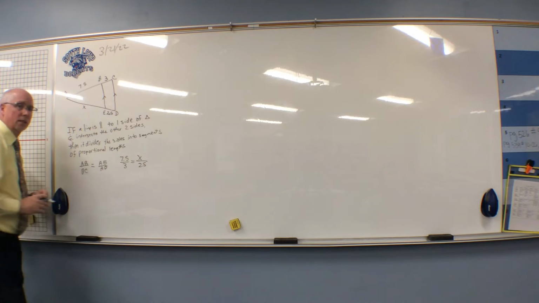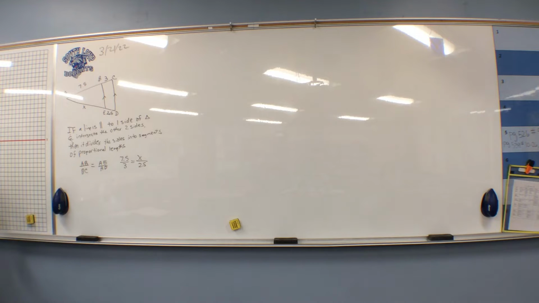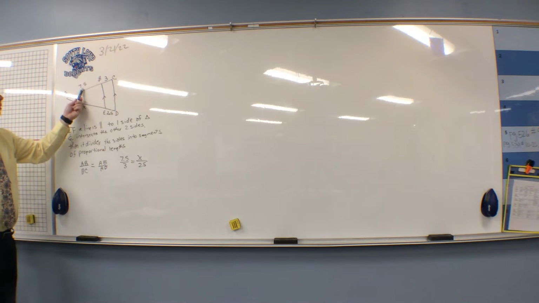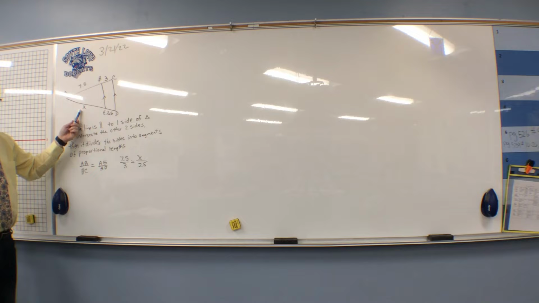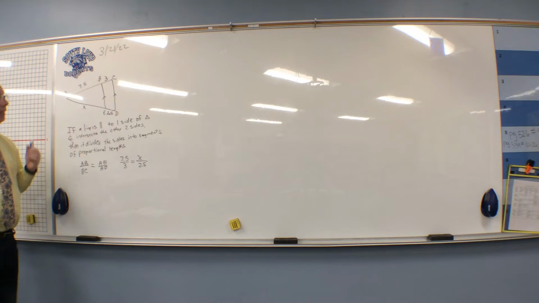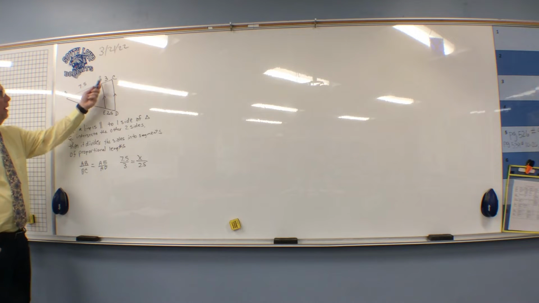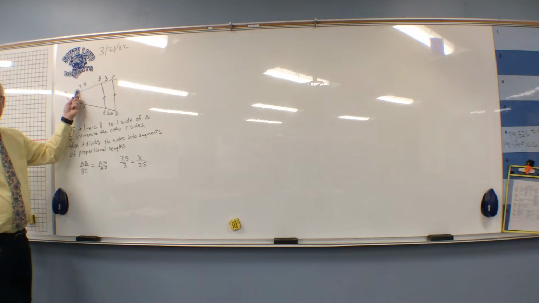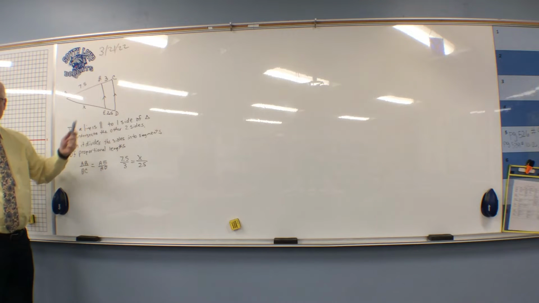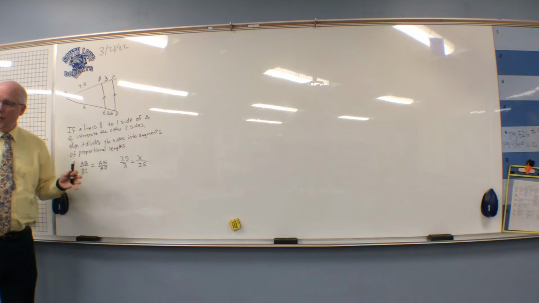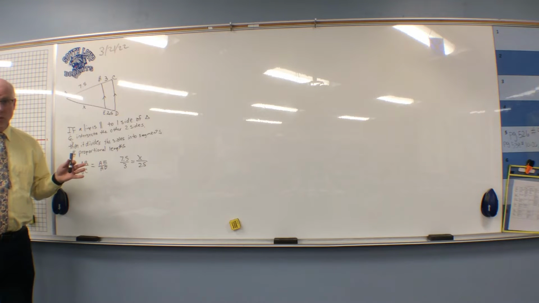But I got to match the sides. So Harper, you could go 3 is to 7.5 as 2.5 is to X. You understand what I'm saying? In the past, we'd have to go 7.5 to the whole thing, which would be 10.5, to X over X plus 2.5. You see what I'm saying? This allows us to break it up into pieces. Much easier to work with.